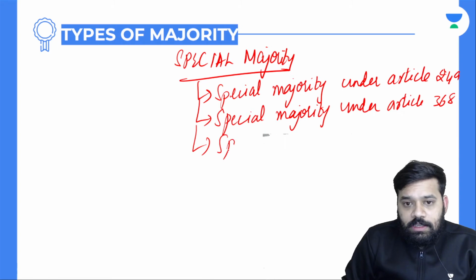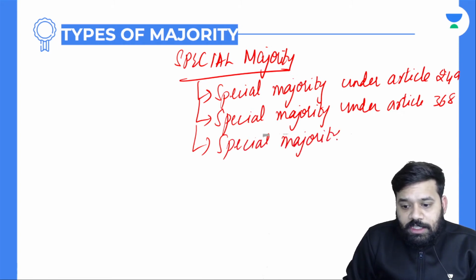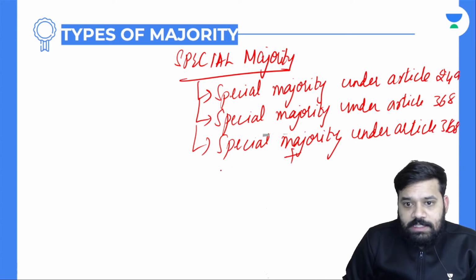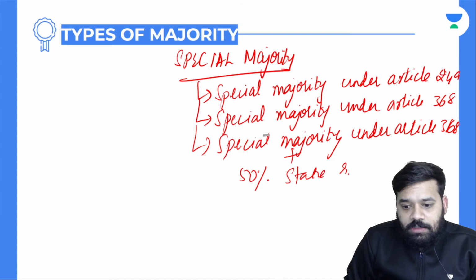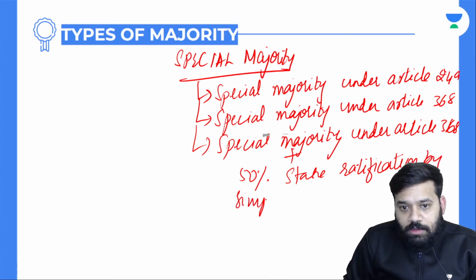Then there is special majority under Article 368 plus 50% state ratification by simple majority.